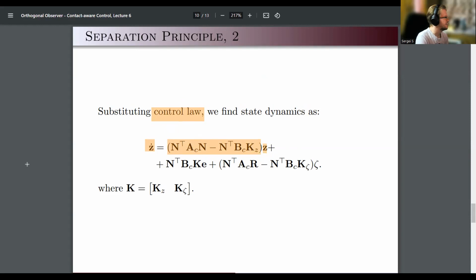I guess here I should have written it out a little bit more, so let me write it here. U is equal to minus kz times z hat, not z, z hat, and minus k zeta, zeta hat.